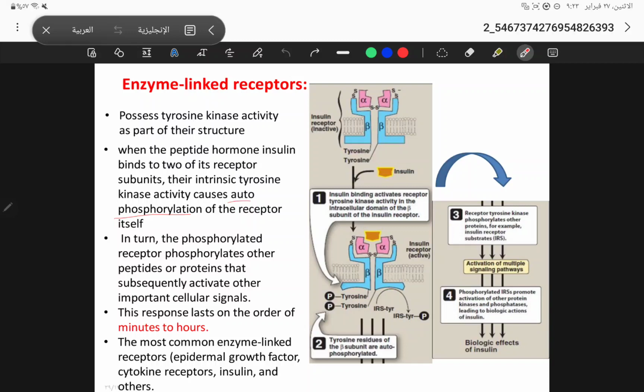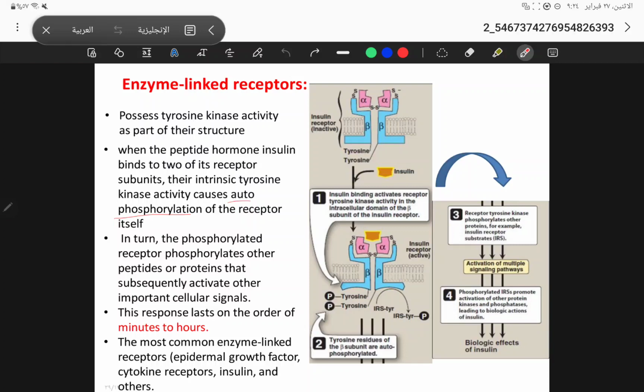So once the receptors are phosphorylated, other peptides or proteins that subsequently activate other important cellular signals will be activated. For example, هنا أنا عندي insulin receptor substrate.